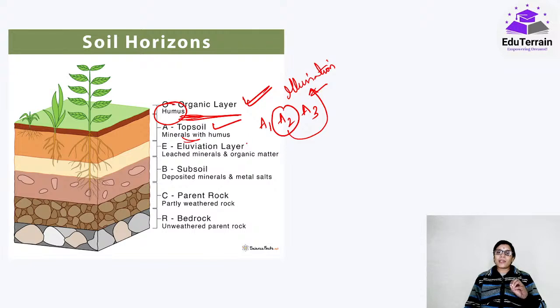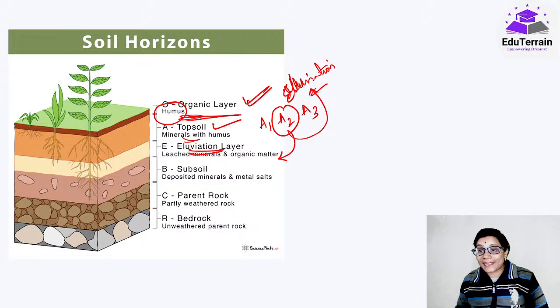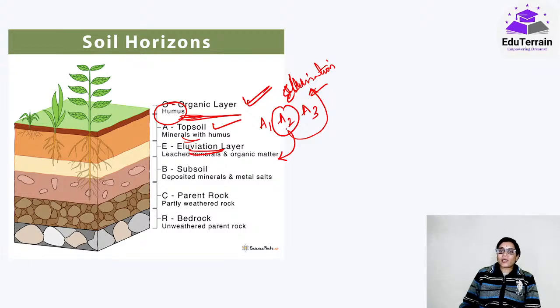But again, what happens is, while the water moves a little bit more into the deeper layers of the soil, it is eluviation. Sorry, I'm really sorry. A2 is E, that is eluviation layer. I'm really sorry, I'm confused. Okay, this is eluviation layer. I thought it's not mentioned. Eluviation layer. Okay, and this is the same layer as the A horizon.